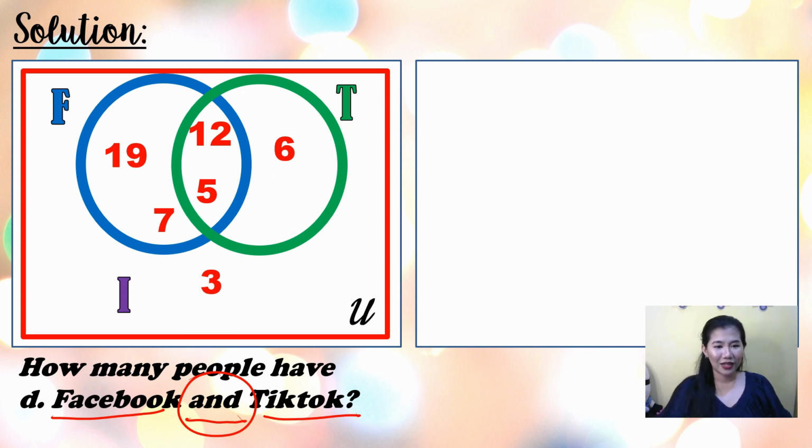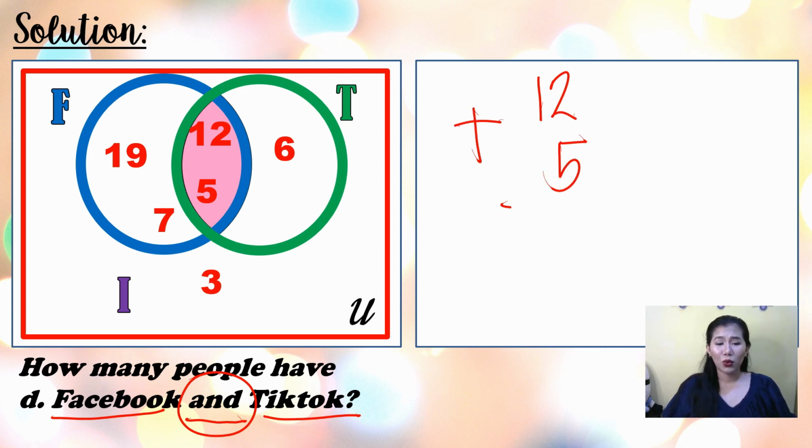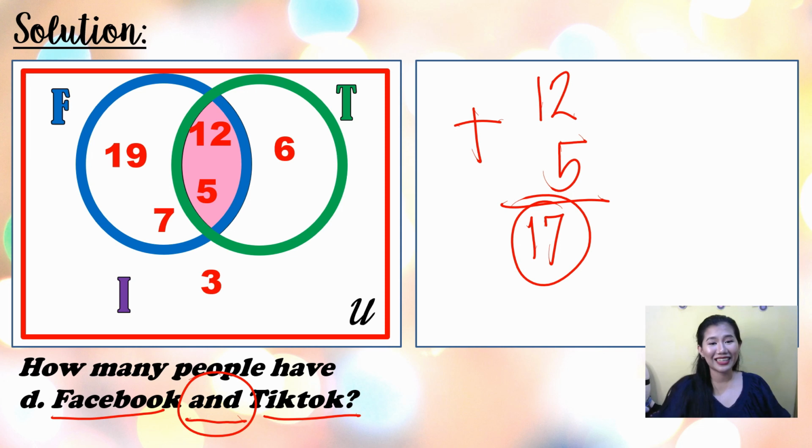Yan, that portion tells us that sila yung merong Facebook at meron din silang TikTok. Dalawa ang kanilang account. So what we're going to do is that add 12 and 5. 12 plus 5 is equal to what? Right, 17. Yun na yung sagot natin.